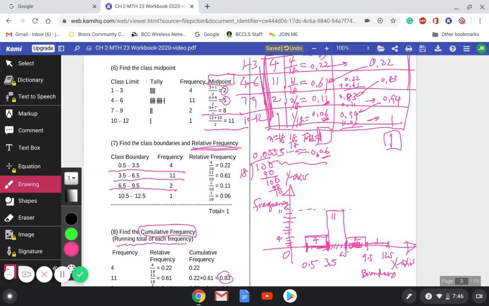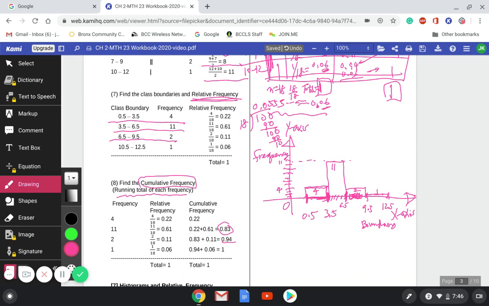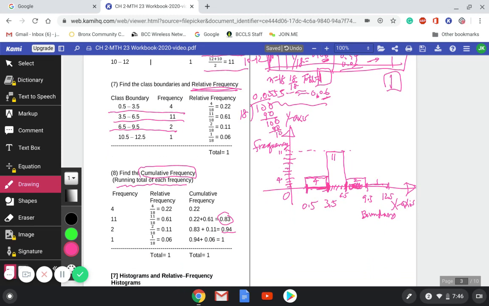Now, what is this histogram or bar graph telling you? It's telling you, if I connect the midpoints of each one, how the data actually went.